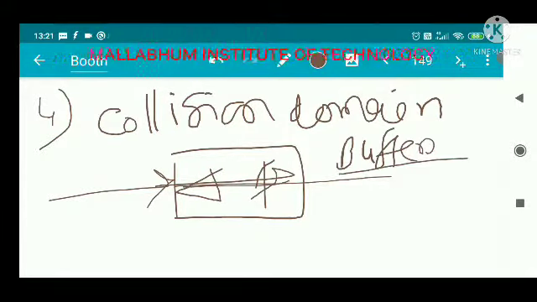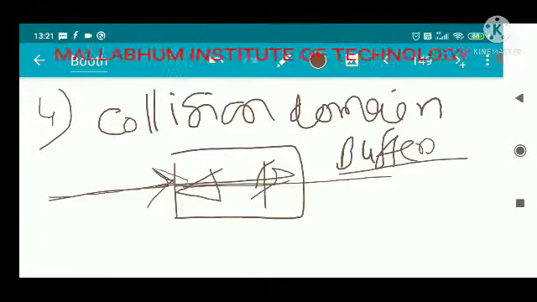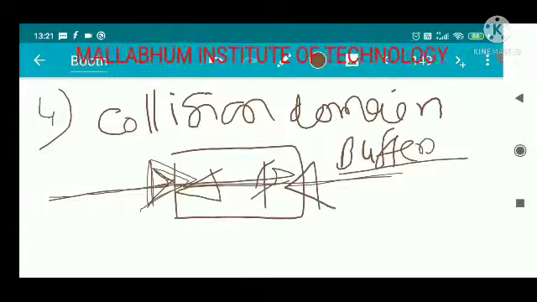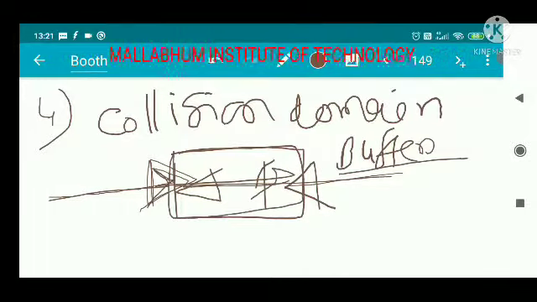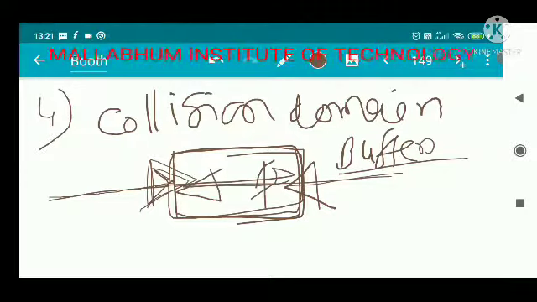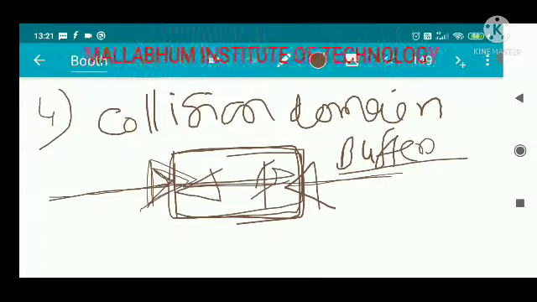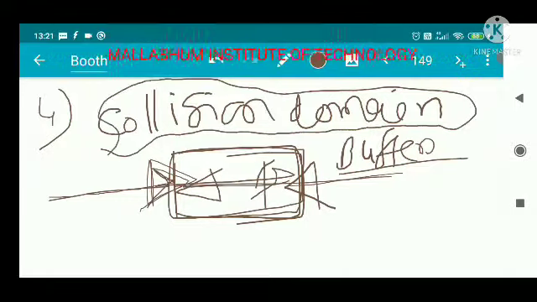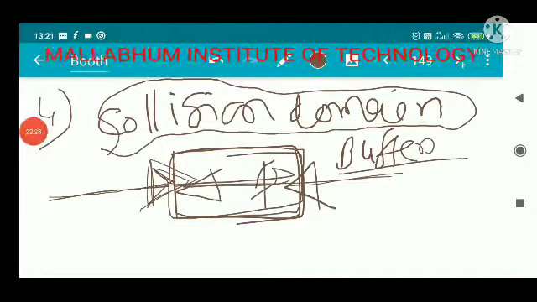So suppose a signal is coming in this direction and also in that direction at the same time, some of the signal may be lost because it cannot store the signals coming to its input, to send some at one time and the buffered signals at a later time. So the collision domain is also not efficiently handled in the case of the repeater.